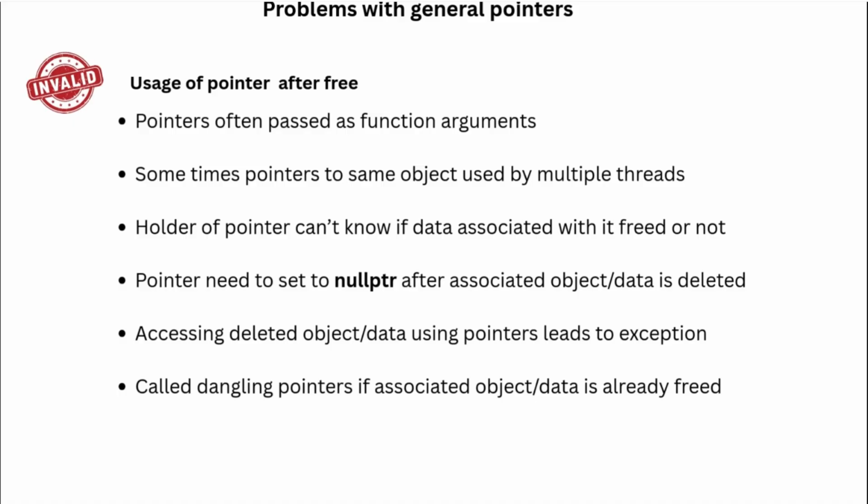Otherwise, code holding this pointer without knowing it is freed will crash if it tries to access it. It normally happens in multi-threaded programming where multiple threads may be accessing the pointer. If some thread deletes the data pointed to by that pointer but another thread is not aware of that, then if it tries to access it, it will crash. We'll see with one example.